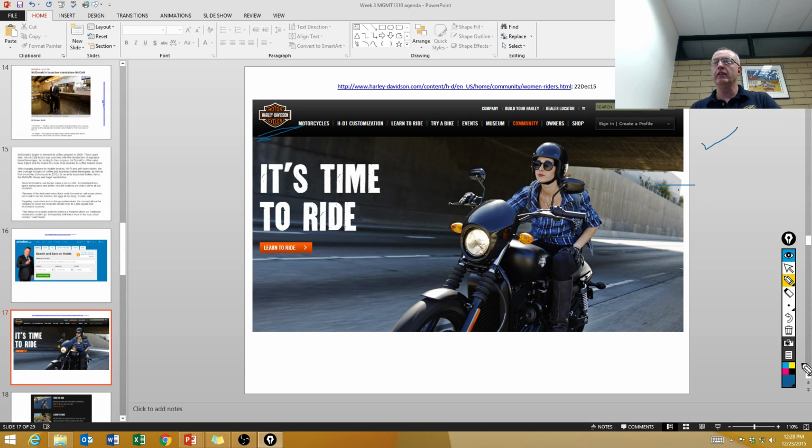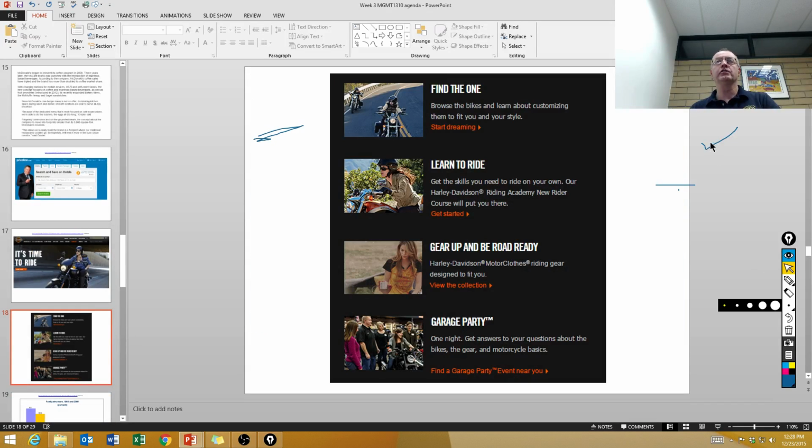And how do they do that? Well, they do that by helping women buy Harley Davidson products. So they can help you, if you're a woman, that is, they can help you find the right motorcycle for you. They can help you learn how to ride one of their bikes because their motorcycles are quite large and heavy. They can help you learn how to buy appropriate clothing.